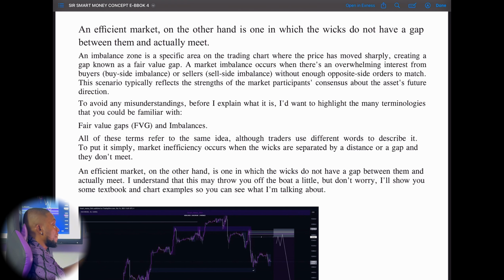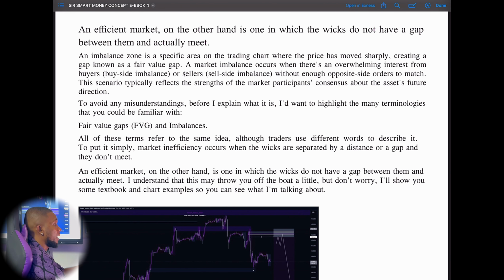A market imbalance occurs when there is an overwhelming interest from the buyers, which we call the buy side imbalance, which is a bullish imbalance, or sellers. Remember, we have a bullish imbalance, we also have a bearish imbalance.